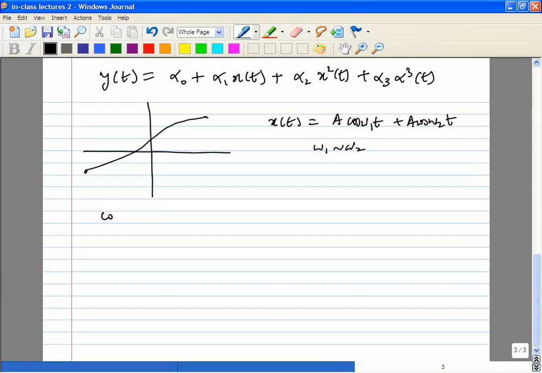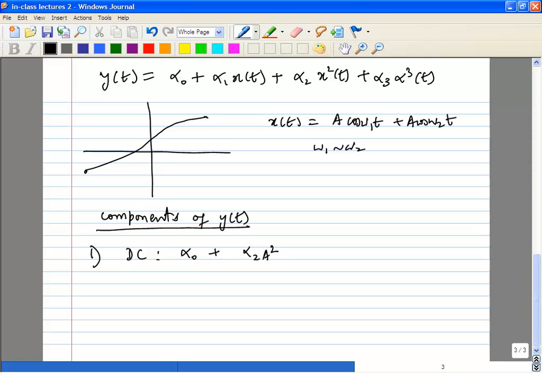So let's look at the components of y of t. First of all, you have DC components. The DC component is of course alpha naught. And we saw last week that even orders will also give DC components. So in this case, because we have just taken a second order system, you'll get a DC component from the second harmonic term, because you'll get a cos squared and you write it as 1 plus cos 2 omega t.